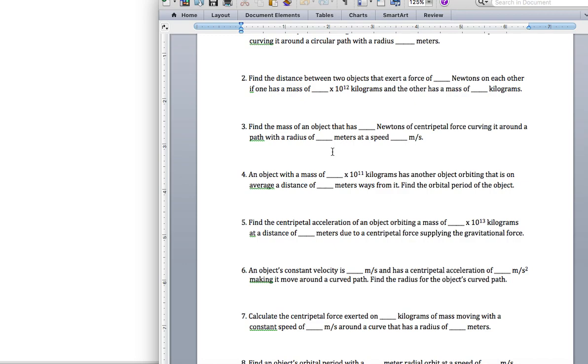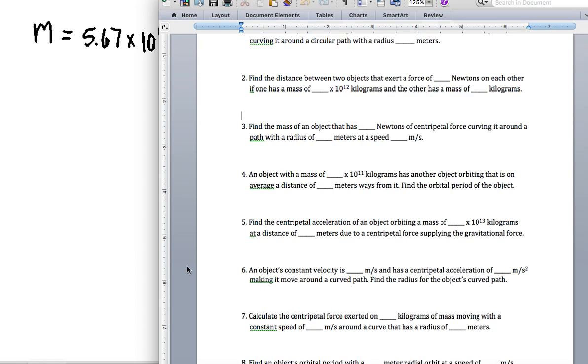An object with a mass of blank times 10 to the 11. So let's just pick a random number: 5.67 times 10 to the 11 kilograms, has another object orbiting it that is on average a distance of blank meters away from it.